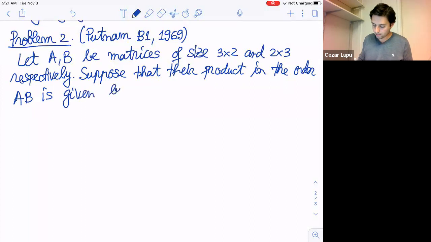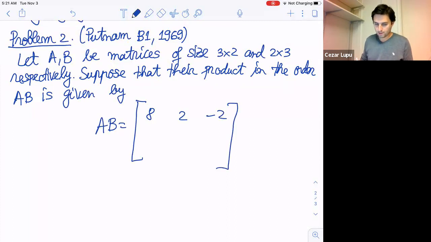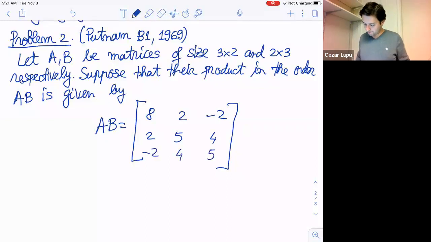So it's given by the following 3 by 3 matrix. AB will be nothing else than just 8, 2, -2; 2, 5, 4; and -2, 4, and 5. Okay, so this was the matrix, right? So it's a 3 by 3 matrix.